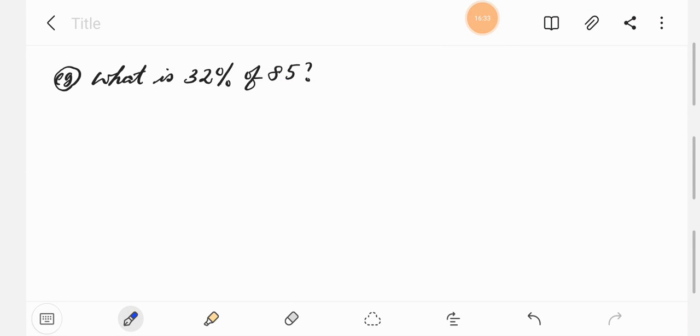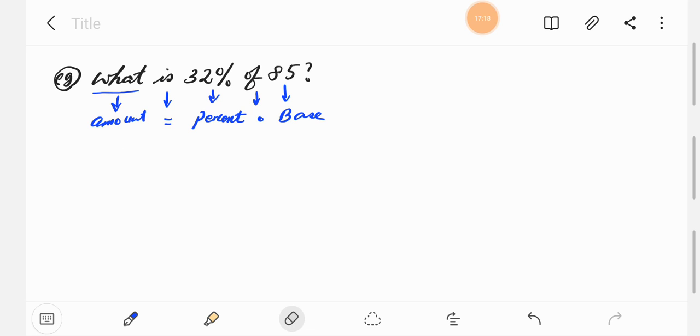Then what is 32% of 85? Still the same thing. The unknown variable, and "is" is replaced with an equal sign, and 32% is 0.32, and "of" means multiply. This is the base, this is the percent, and this is the amount.